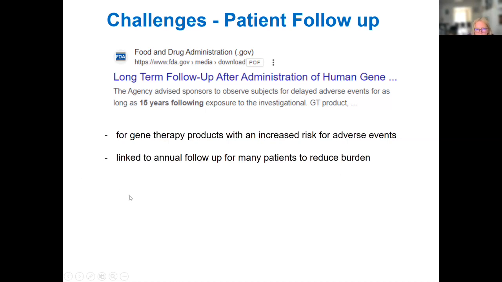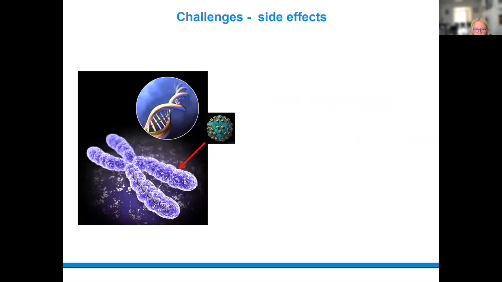But these requirements for long-term follow-up are certainly an area that is very much exercising the field, and we're talking about mechanisms to make this long-term follow-up feasible for patients, but also for the clinicians and the sponsors.